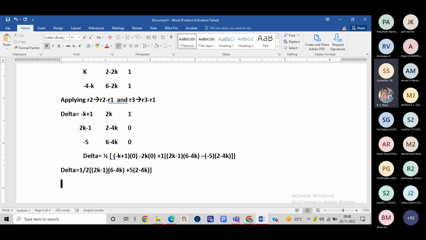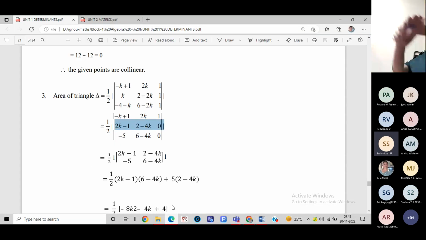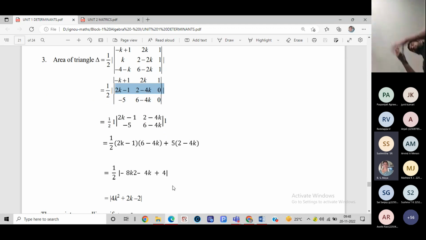Plus 10 minus 20k. Now we have to simplify. 1 by 2. 6 plus 10, 4 plus minus 20, 12k. 8k minus 20k, 10 minus 2. 8k, k square here, forget about it. 6 2s are 12, 4 2s are 8 square, 4k, 5 to 4k.